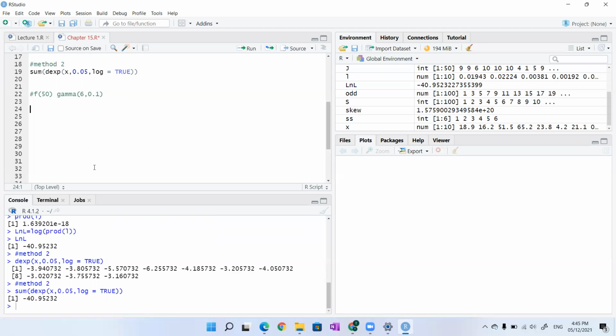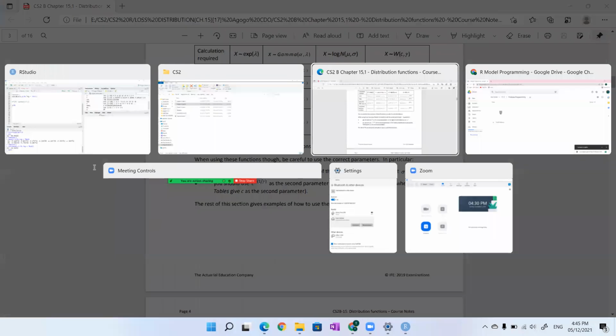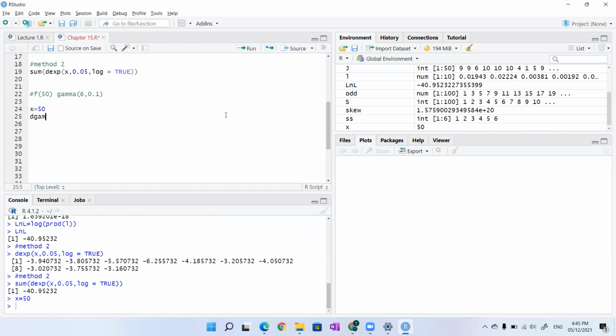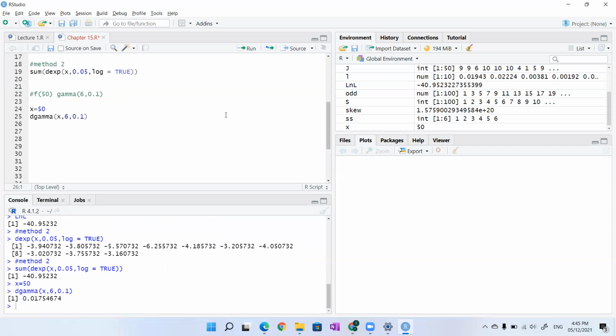I'll write x is equal to 50 here and use this formula, dgamma of x, alpha, lambda. Now you got your PDF. If you want the CDF, capital F of 50, you copy paste the same code. The only difference is it would be pgamma.